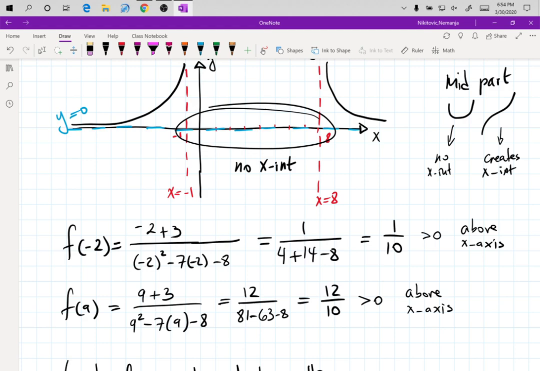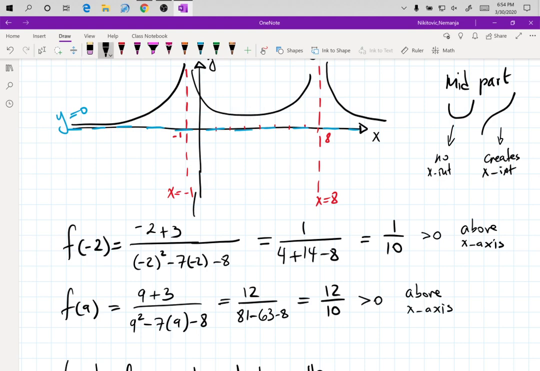That is something that we all need to eventually figure out. So now I know it's going to be a U-shape, and it's either the U-shape going up or the U-shape going down. For that I can just compute, let's say, at 0, because it will either give you a positive value up there or a negative value over here as y.